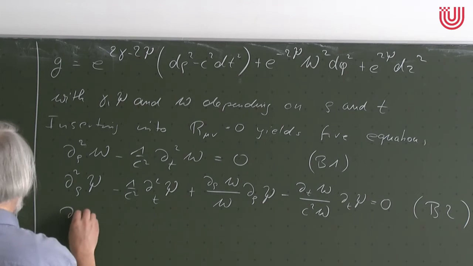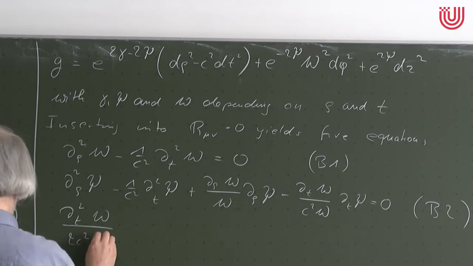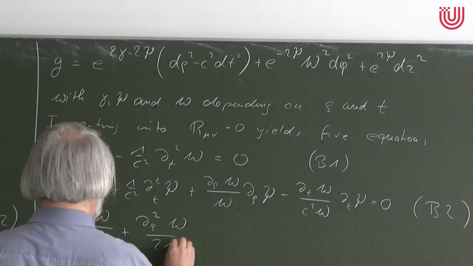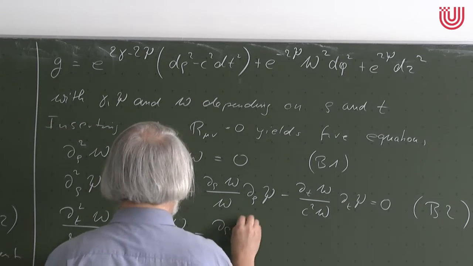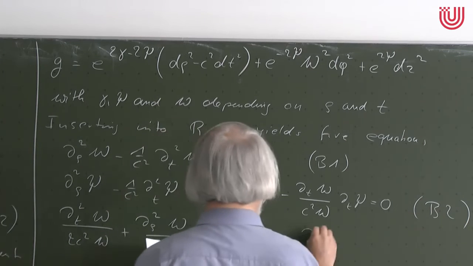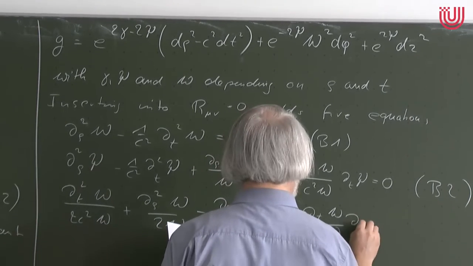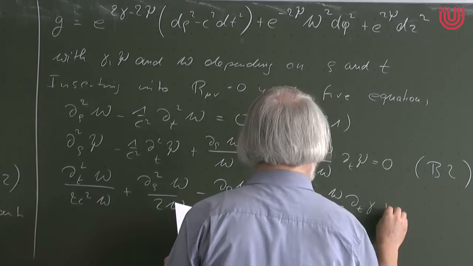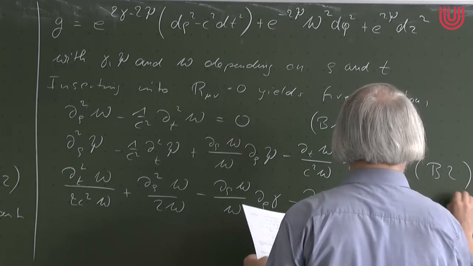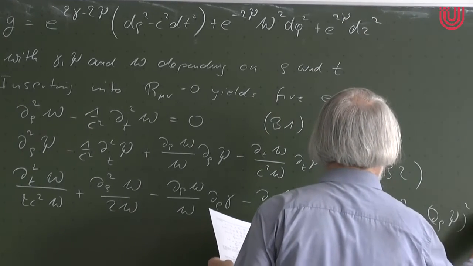Then the next one is second time derivative of w over 2c squared w plus d_rho squared w over 2w minus d_rho w d_rho gamma minus d_t w over c squared w d_t gamma plus 1 over c squared d_t psi squared plus d_rho psi squared is 0. That's b3.